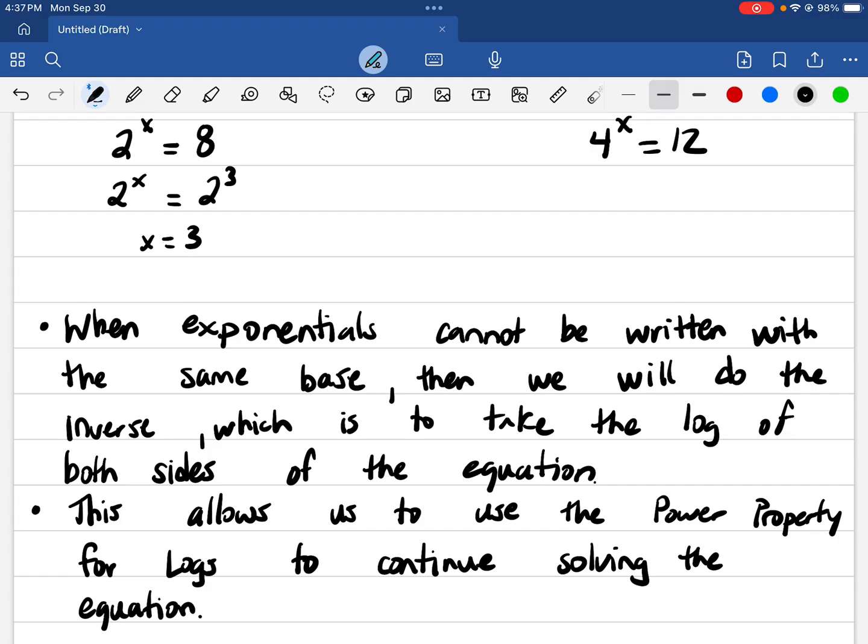And so that's one way we can go about it, is when we cannot get them written with the same base, we can take the log of both sides, then use the power property for logs that we talked about yesterday to continue solving that equation.